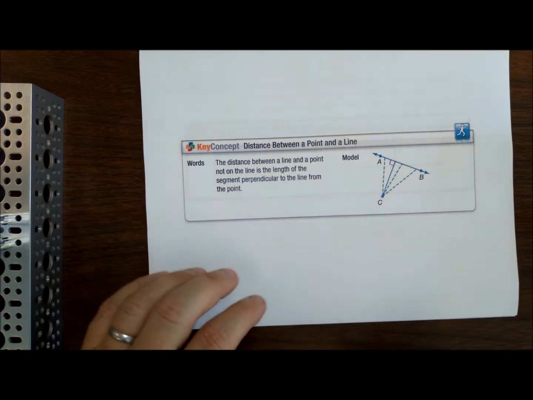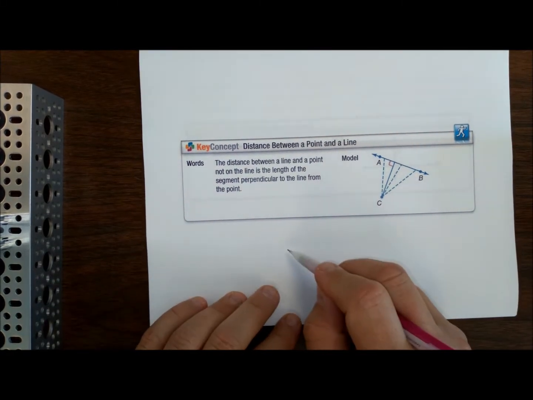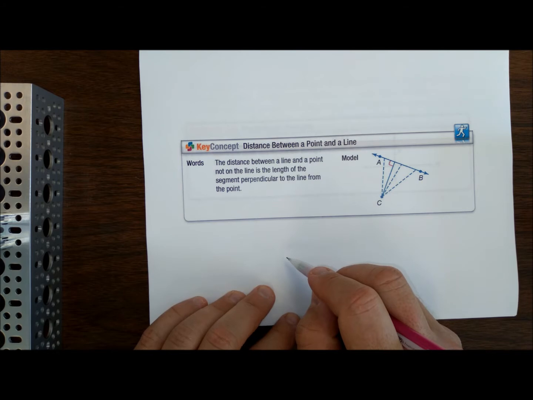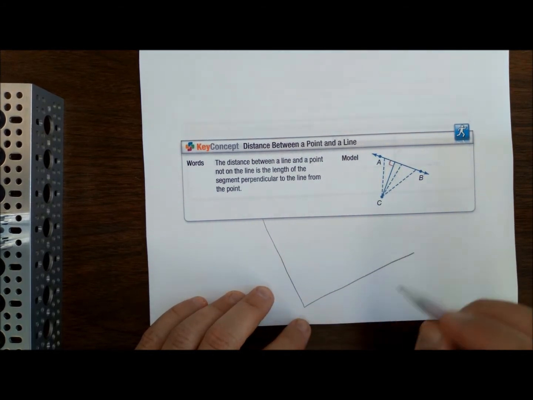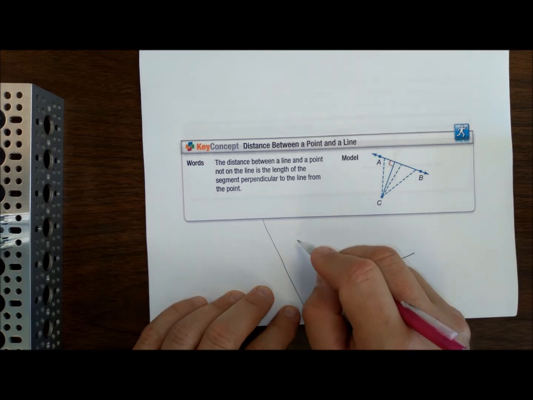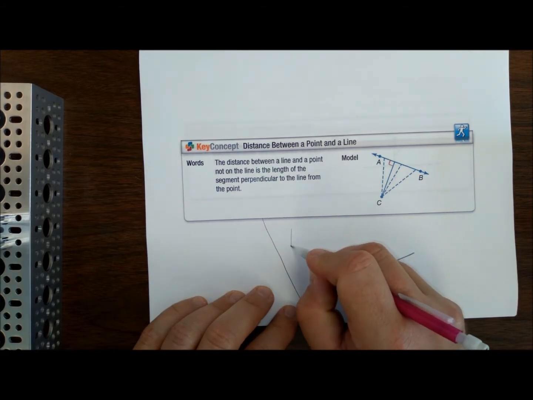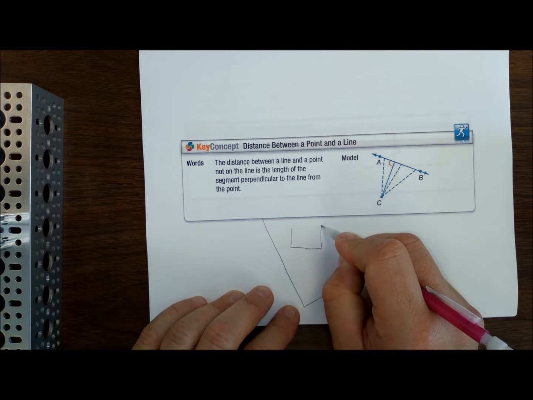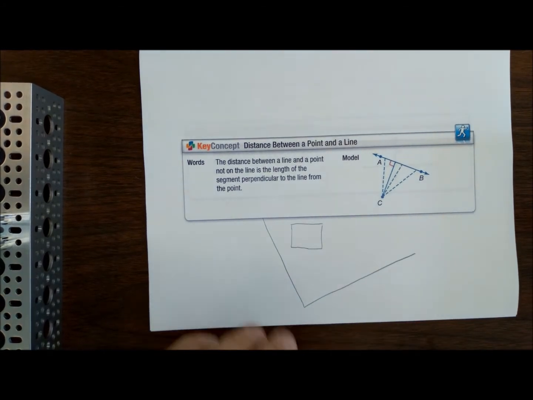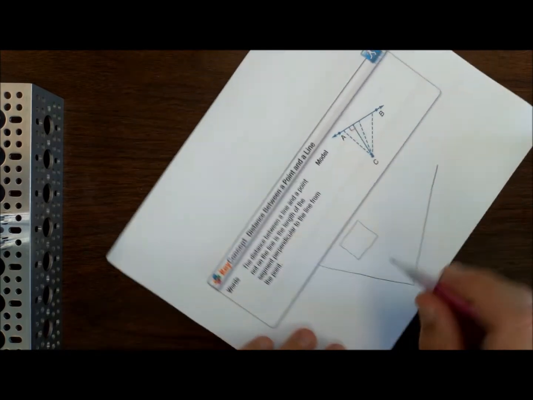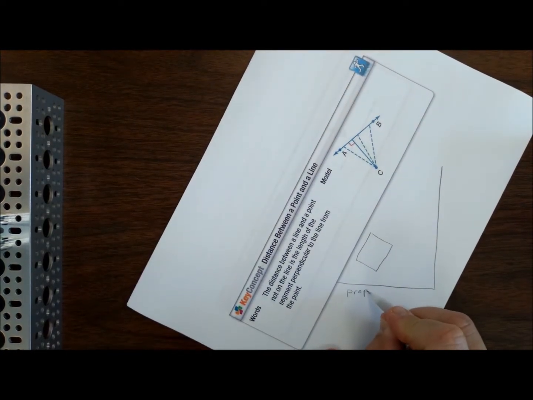And this brings to mind a common surveying problem that I run into all the time. I will get a call from someone, let's say here's a property line, okay? And someone has built their foundation right here, and they give me a call and they say, the building inspector says I have to move my foundation because I built it too close to the property line.